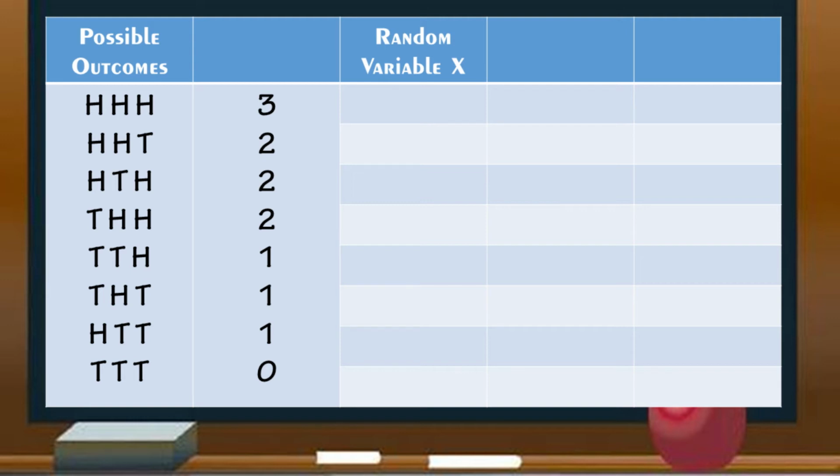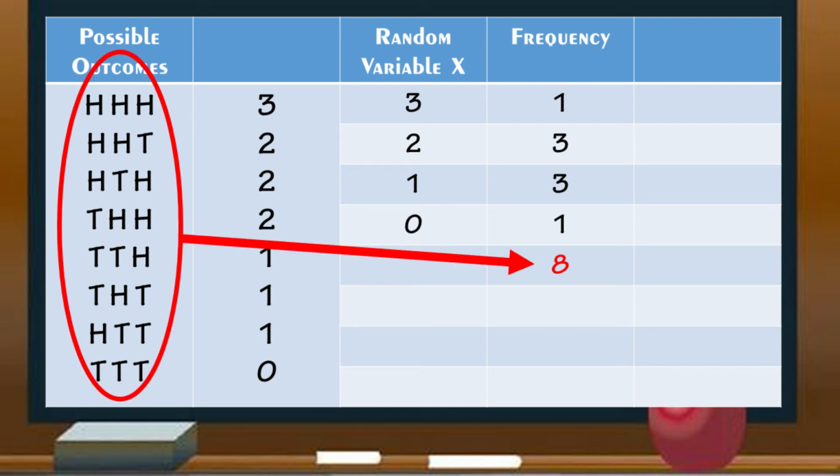These are 3, 2, 1, and 0. Next, determine the frequency. 3 has 1, 2 has 3, 1 has 3, 0 has 1. And the total frequency is 8 because there are 8 possible outcomes.